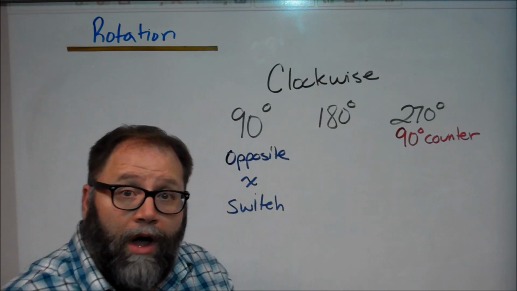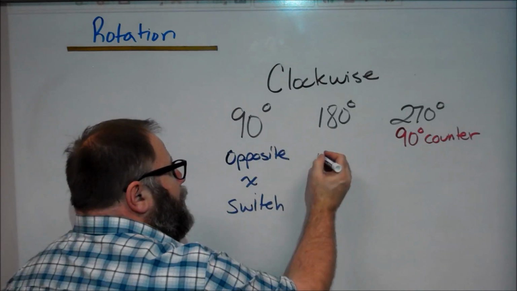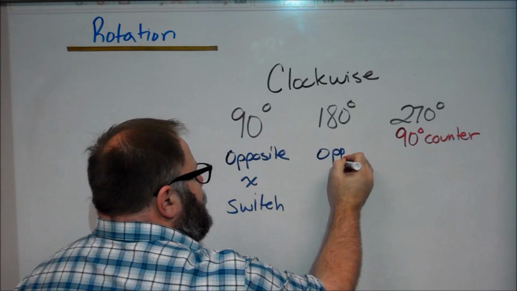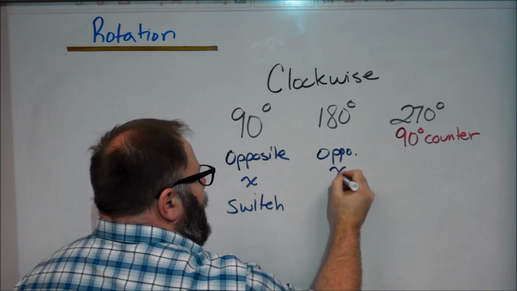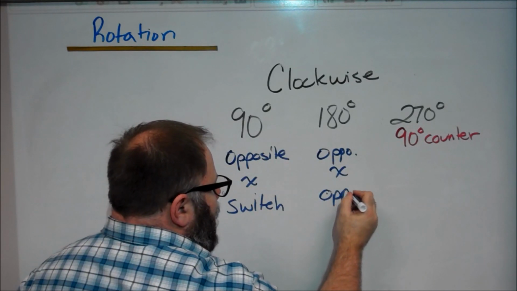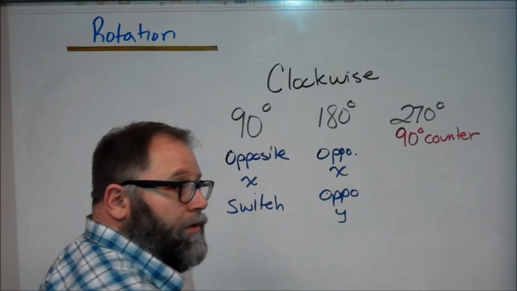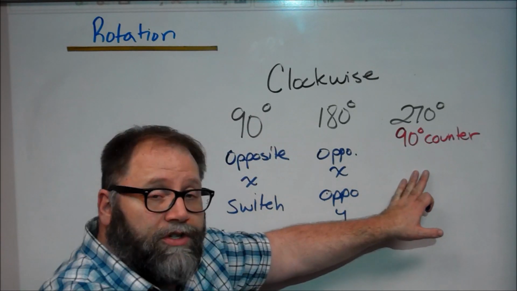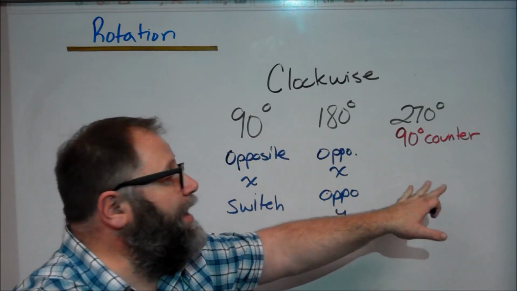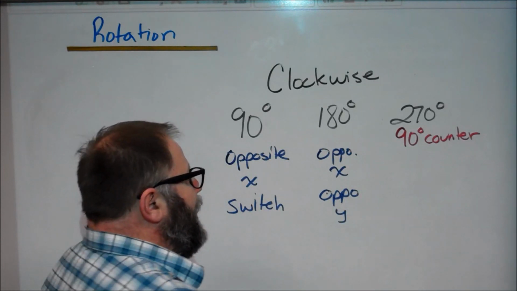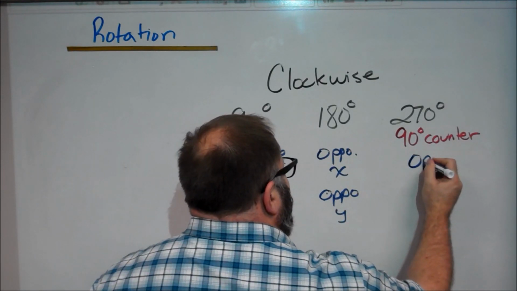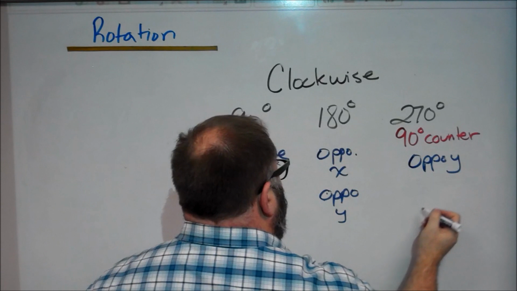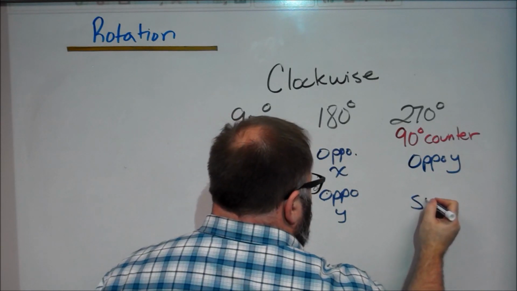If we want to go 180 degrees clockwise, we want opposite x and opposite y, no switch. And if we want to do 270 clockwise, 90 degrees counterclockwise, we want opposite y, then switch.